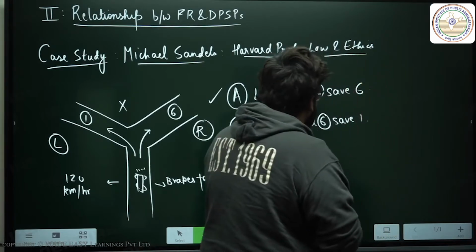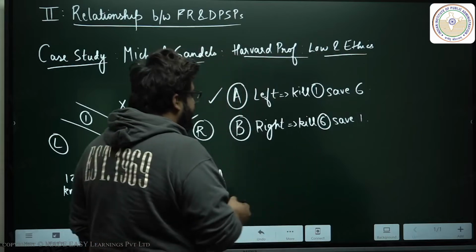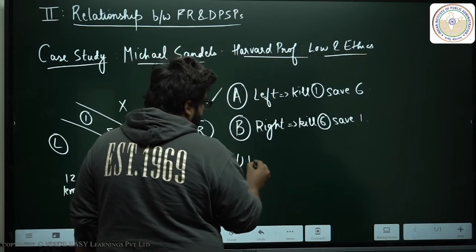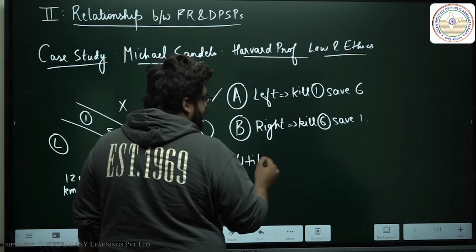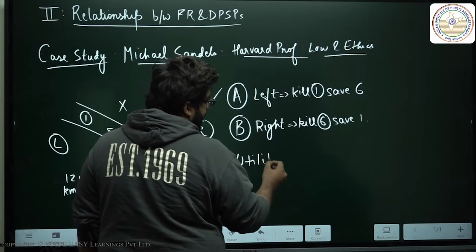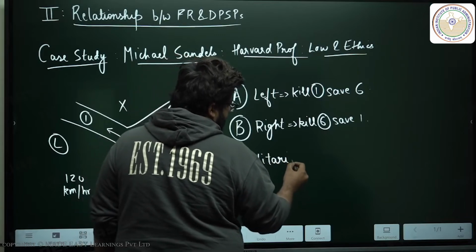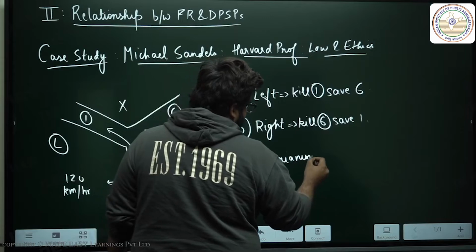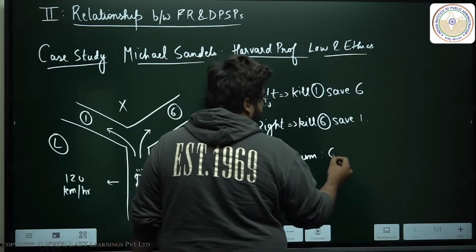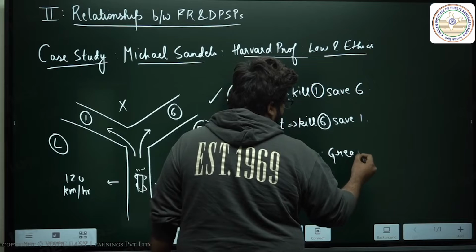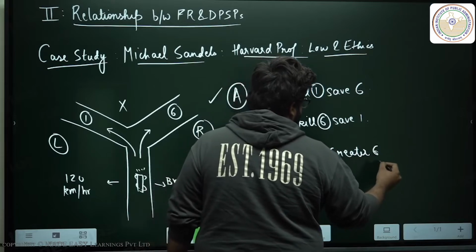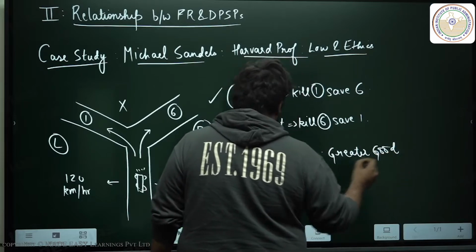Now, this in ethics and moral philosophy, as some of you have rightly pointed out, is a principle called utilitarianism, which is nothing but greater good. Greater good basically means doing what benefits a larger chunk of people.